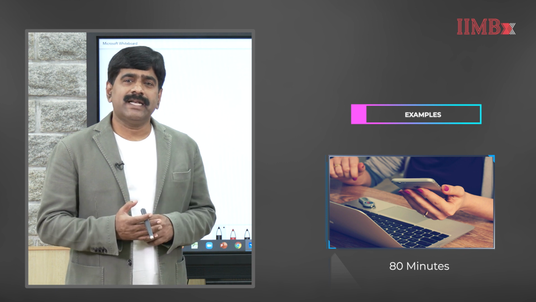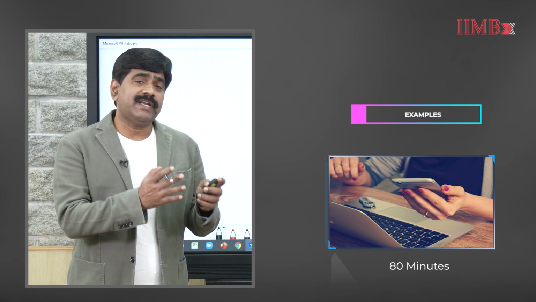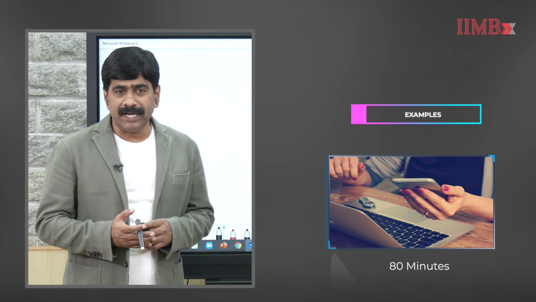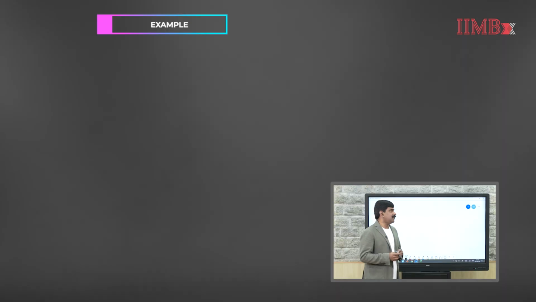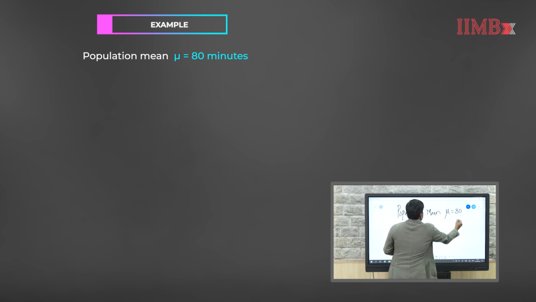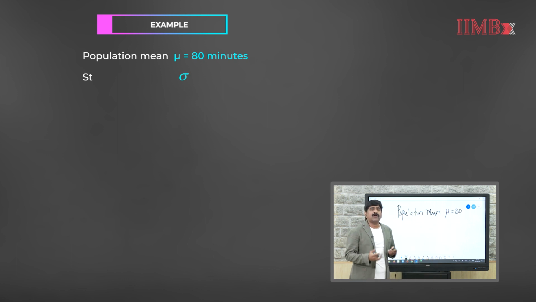Now we need to calculate the probability that the average time spent by this sample of students will exceed 84 minutes. So what we have is the population mean mu, this is 80 minutes, and we also know the standard deviation of the population.